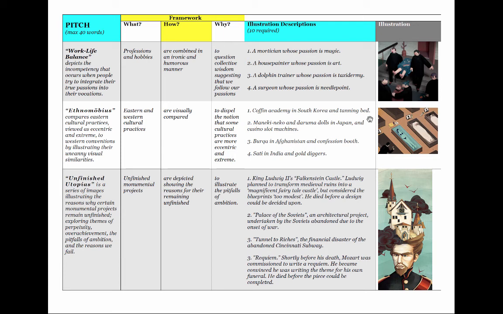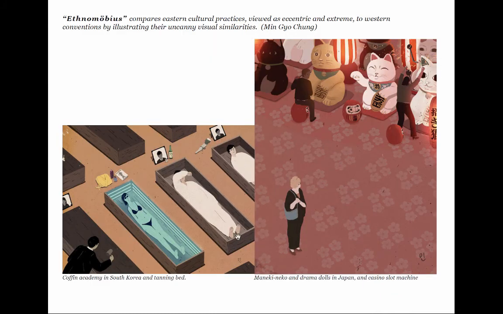And the example given here is a comparison between the coffin academies in South Korea and Western tanning beds. Along with another illustration having to do with two other pairings of Eastern and Western cultural practices.